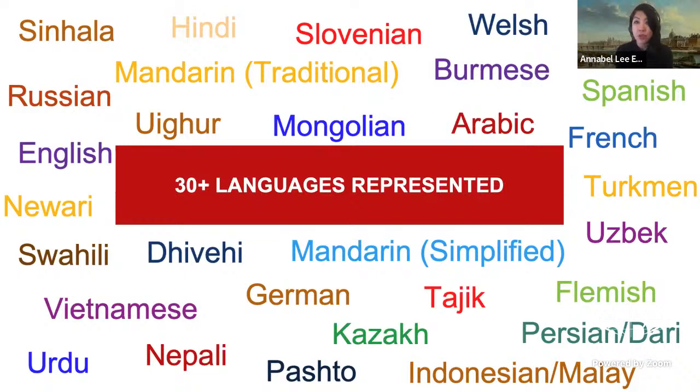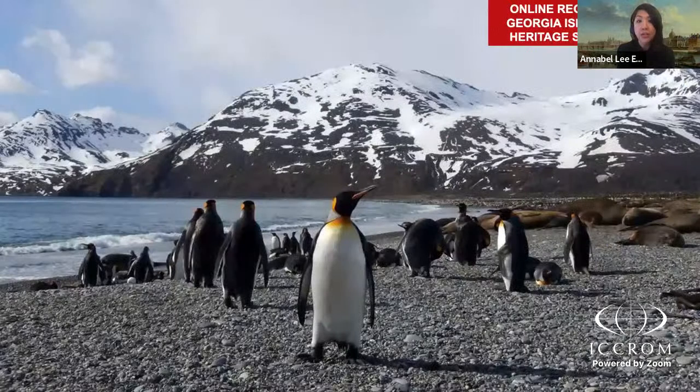As of Arches version 7, the platform is fully internationalized, giving organizations the ability to translate and localize their Arches implementation, regardless of number of languages or the directionality of the language script. Arches can be used regardless of where in the world you are, even remote places with penguins. For example, an implementation is in progress for South Georgia Island's cultural heritage sites.